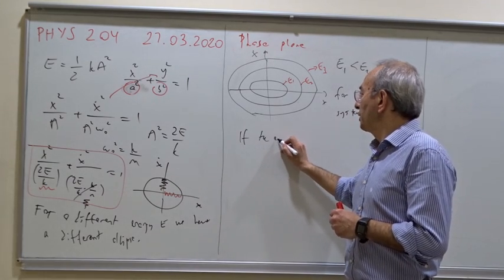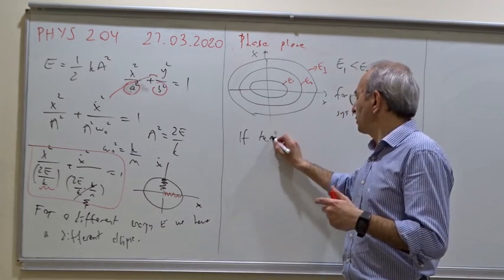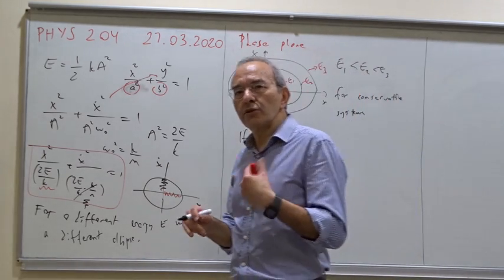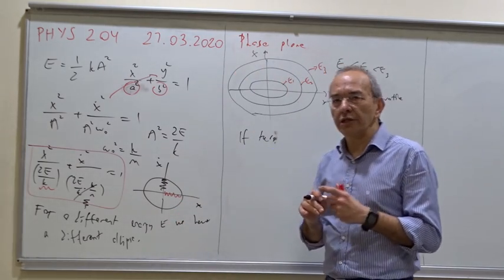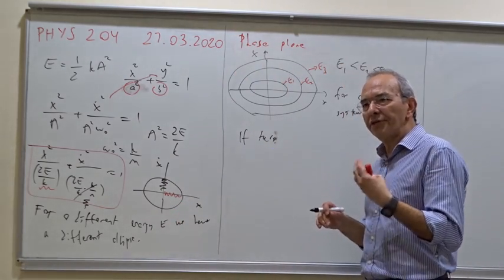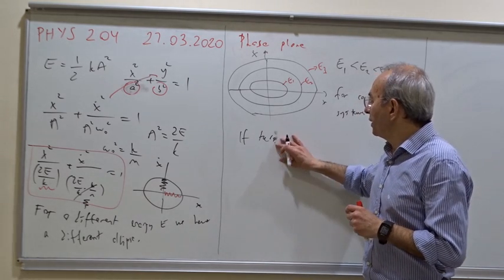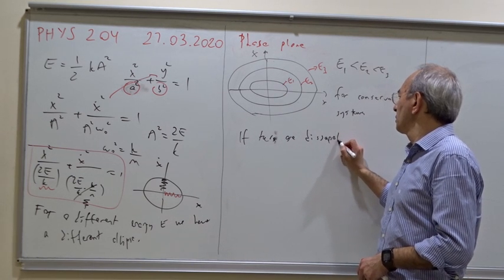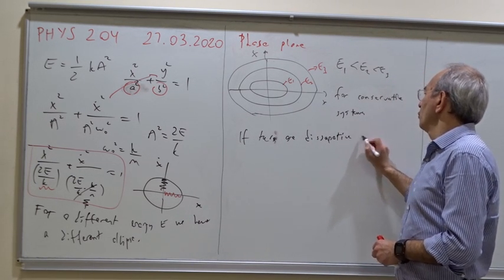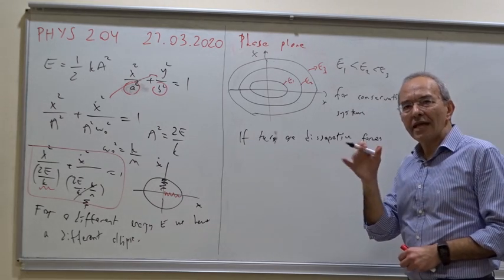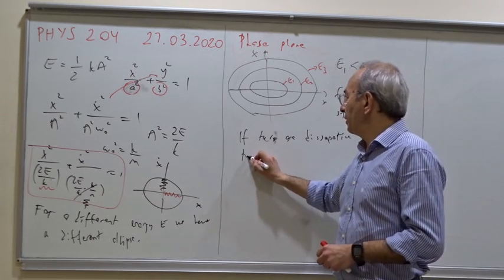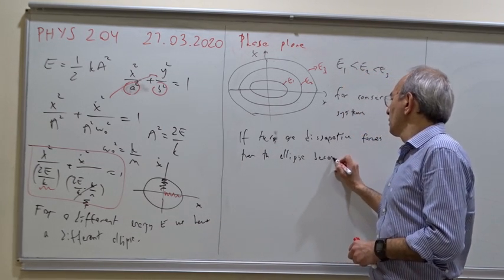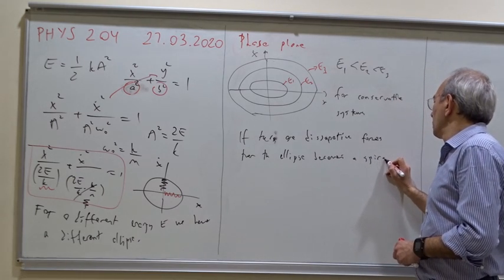However, if there are dissipative forces, dissipative meaning forces that cause the system to lose energy in time, although they are vibrating, they are continuously losing energy, such as these damping forces, then the ellipse becomes a spiral.